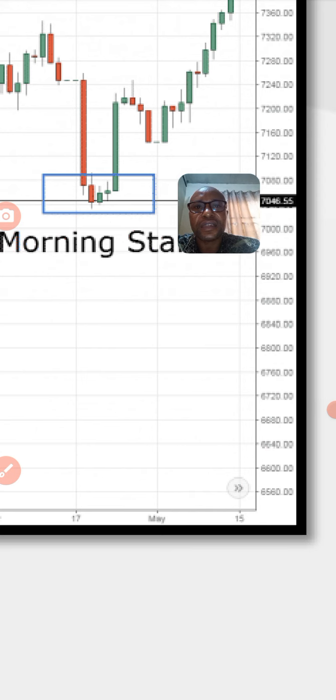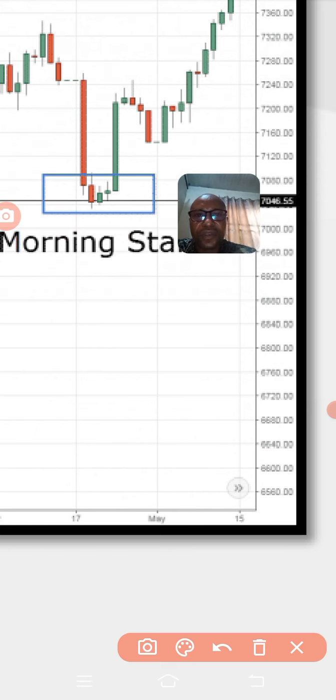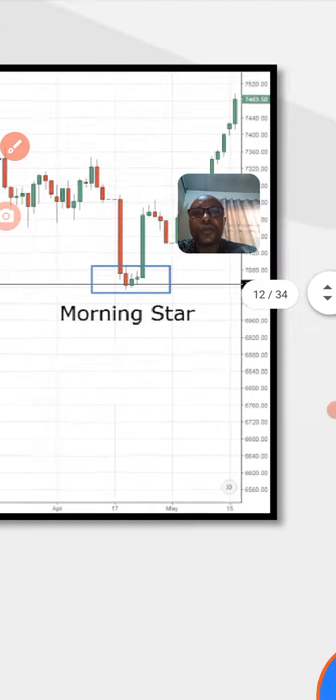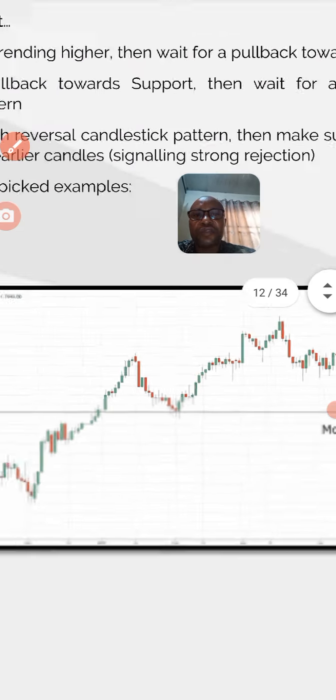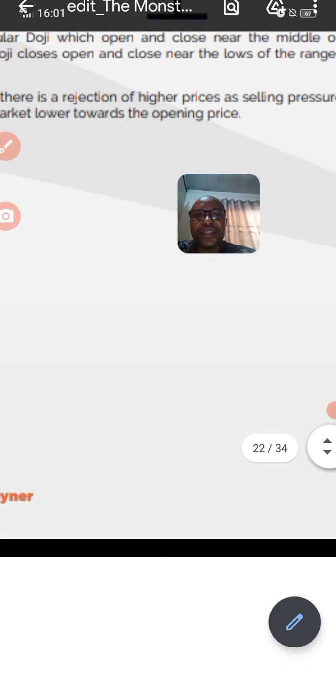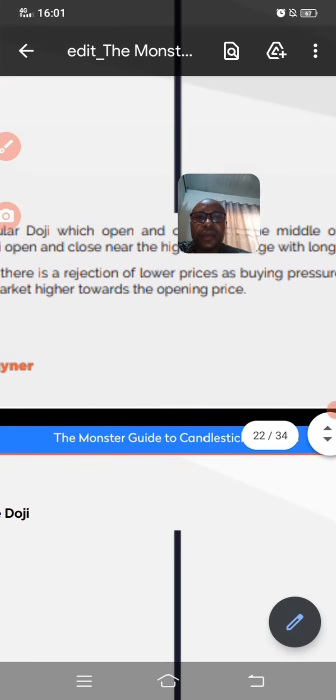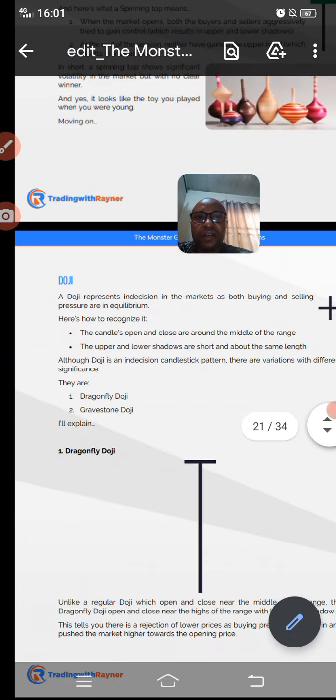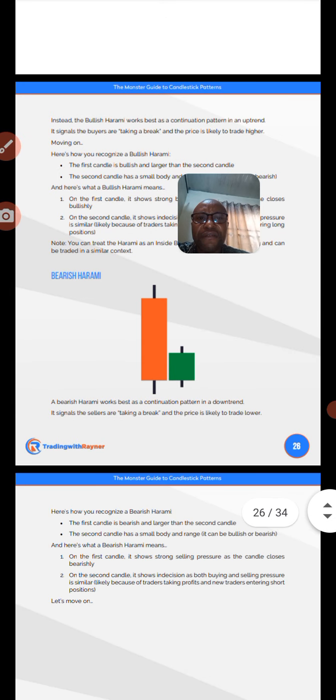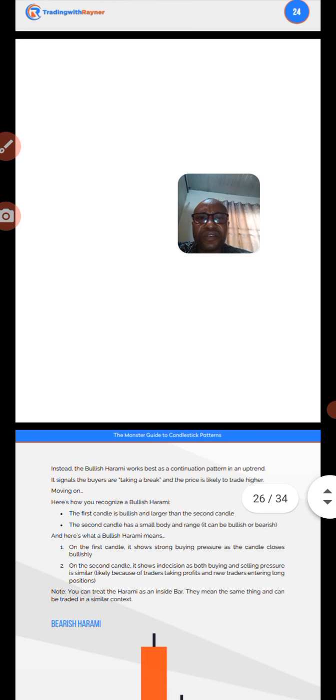You can see that candle, it's very obvious. And what happened? Price went up. So these are ways that you can actually find high probability price reversal.